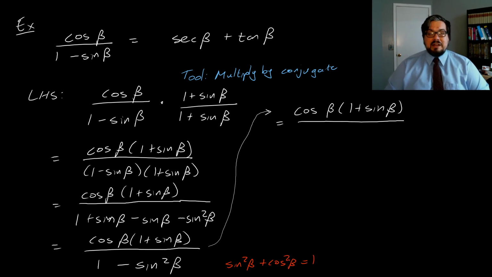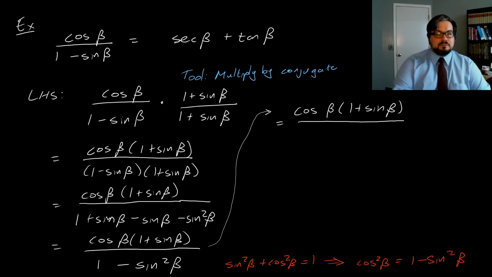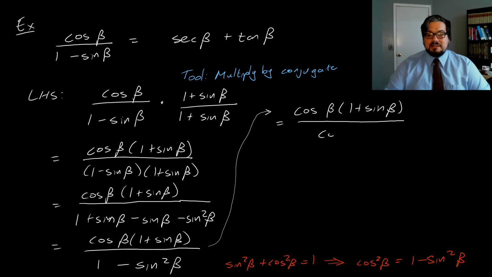Now, if we rearrange that, if we move the sine squared to the other side of the equation, this means that cosine squared beta is equal to 1 minus sine squared beta. So, when we have a 1 minus sine squared beta in the denominator, we can replace that with a cosine squared beta, which is good for us.